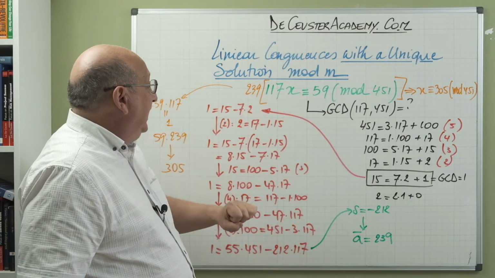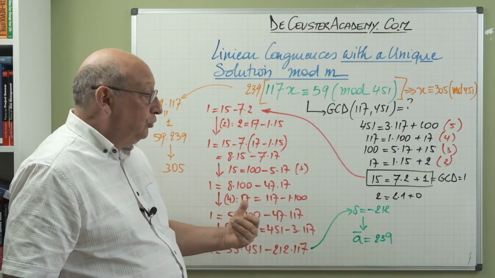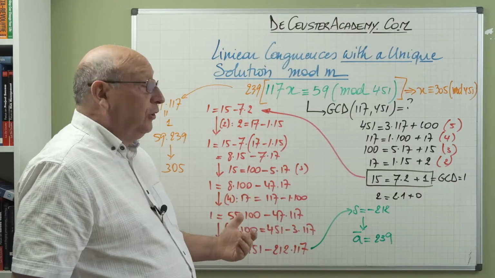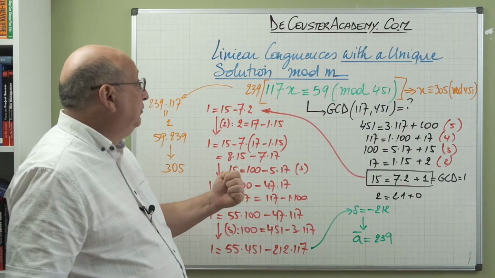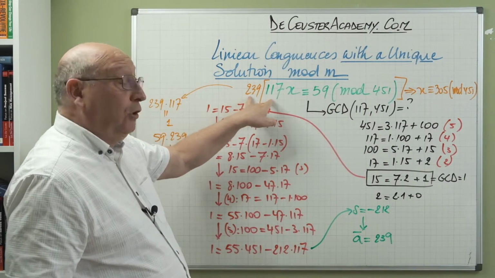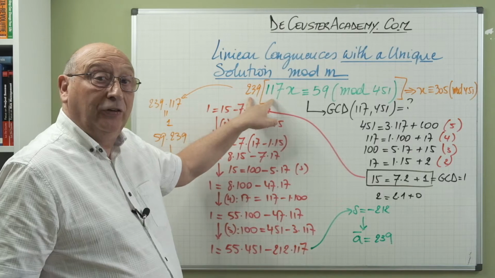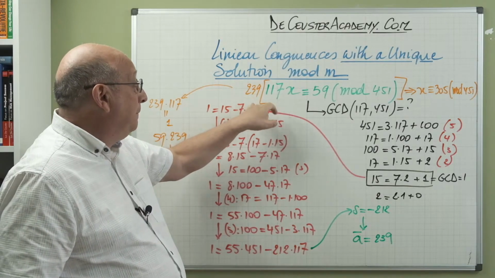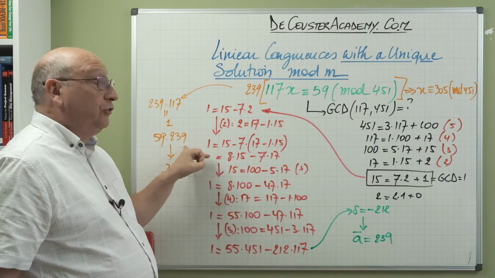We multiply the expression by 239, and because 239 is the modular inverse of 117 modulus 451, we know that in the modular space, the product of 239 and 117 is equal to 1. Then we have 59 times 239.